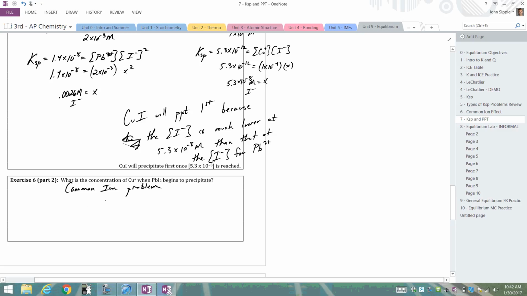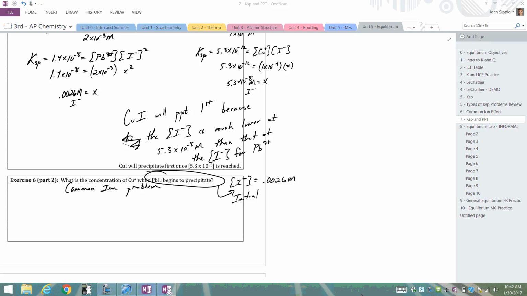When the lead begins to precipitate, the concentration of I minus in solution is going to be equal to 0.0026 molar. We figured that out already, so that's going to be our initial concentration for the iodide in solution.